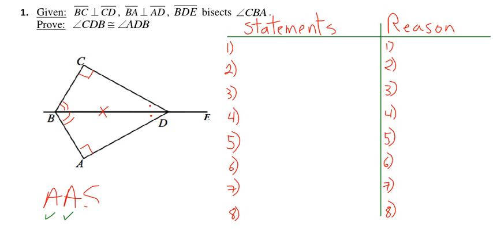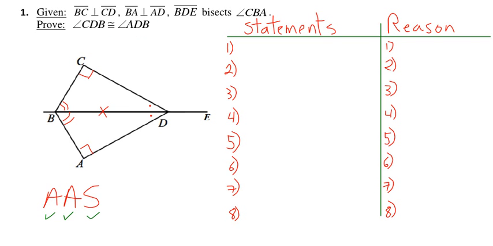So I already have now angle-angle-side, and therefore these two triangles would be congruent, and after we state that they are congruent, we automatically say that the corresponding angles here are congruent because the corresponding parts of congruent triangles are congruent.